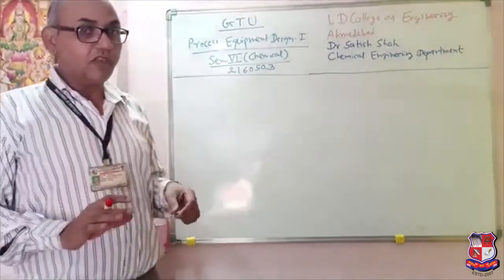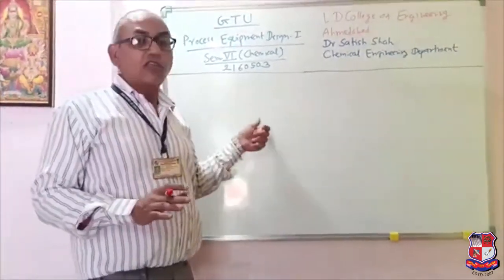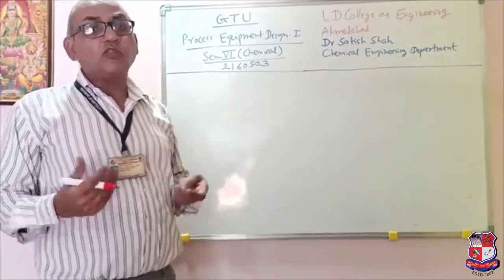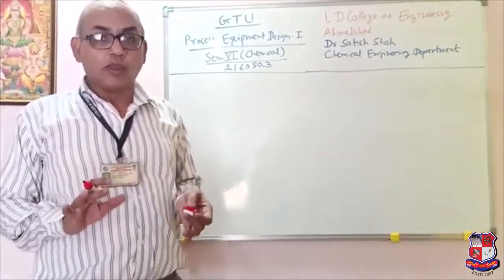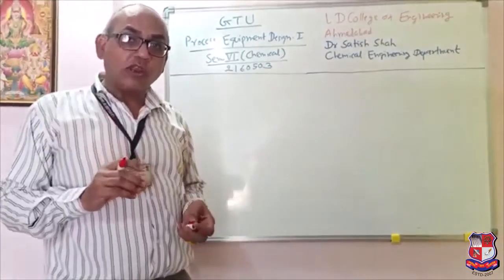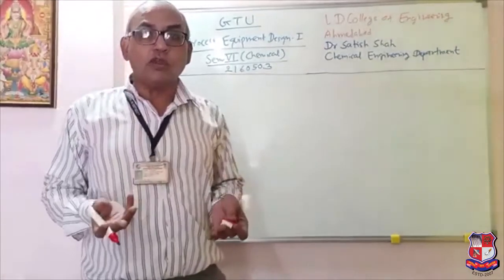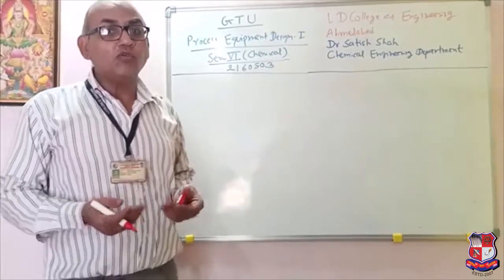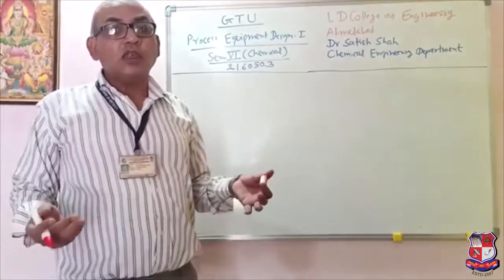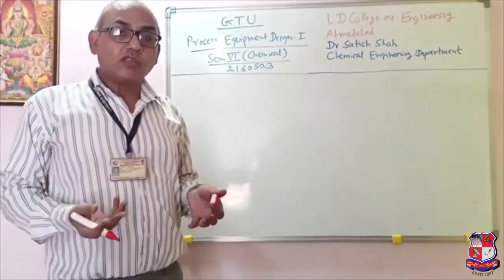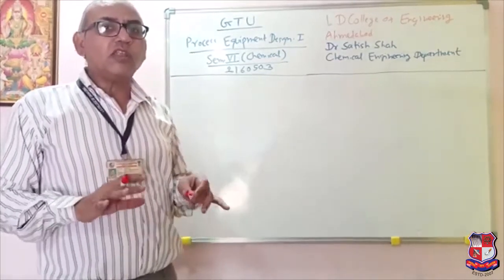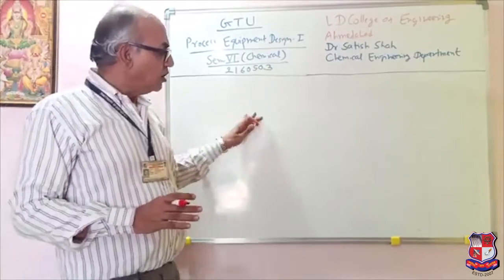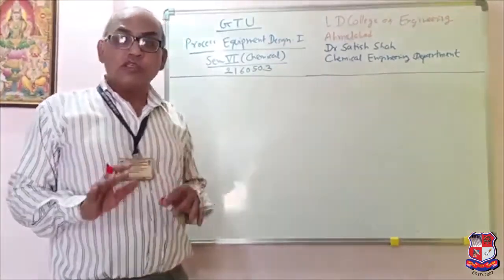So you have to always make sure that whatever excess area you have kept is enough. If the shell side is not controlling, then no problem. But if the shell side is controlling and you have not kept enough excess area, then you have to increase the tube length, by which you increase the excess area, that is the area provided. So these are the different ways. By doing this, you can complete your design.